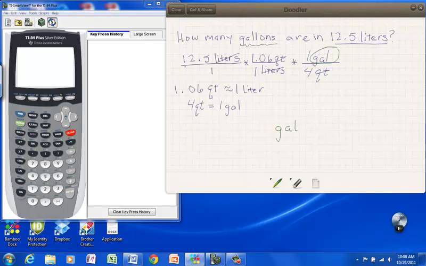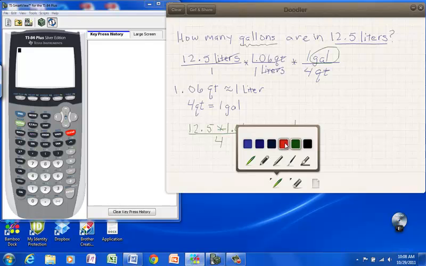So the numbers are 12.5 times 1.06 times 1, but I get lazy because multiplying by 1 doesn't change anything, over 1 times 1 times 4. There's the number part.